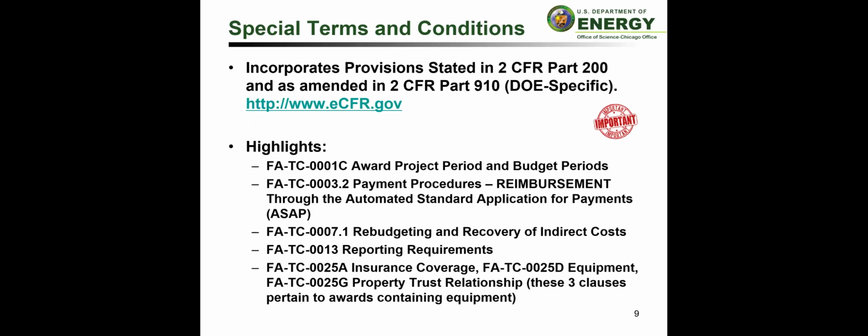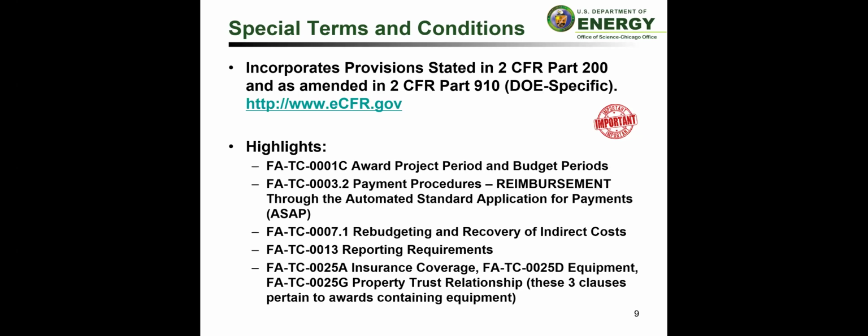The special terms and conditions incorporates the provisions stated in 2 CFR 200 and as amended by 2 CFR 910, which is DOE's specific regulations. This slide is highlighting just some clauses that I think are pretty important to you.